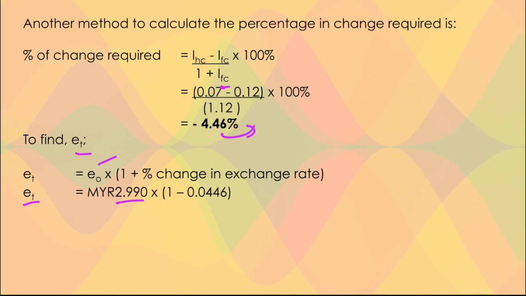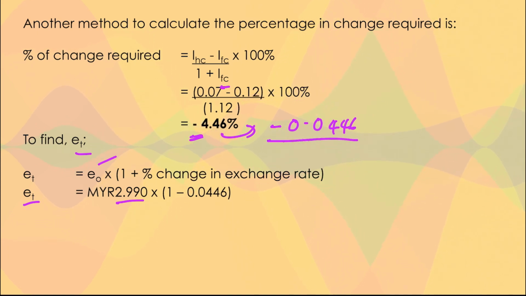Here you change to decimal, which is negative 0.0446, and you have to subtract. If the value is positive, you have to add. Since this value is negative, you subtract: 1 minus 0.0446. So the answer would be 2.8566, the same answer as before.